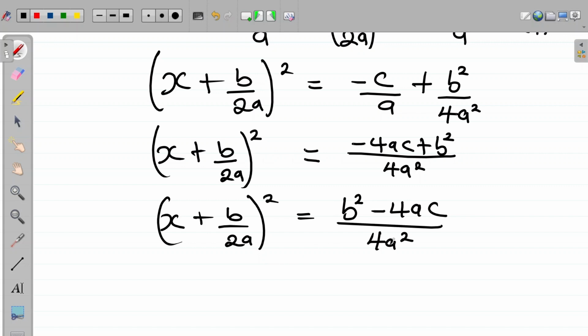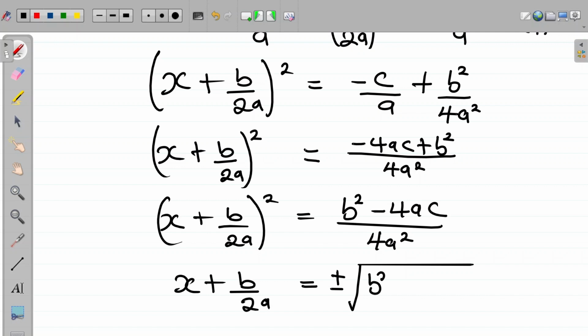Now, if we take the root of both sides, we have that x plus b divided by 2a is equal to plus or minus the root of b squared minus 4ac divided by 4a squared.